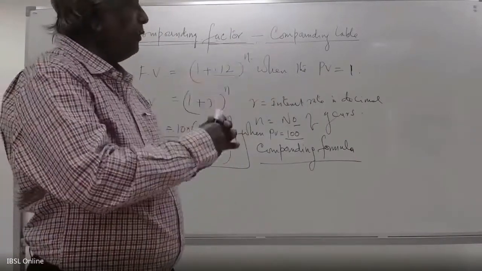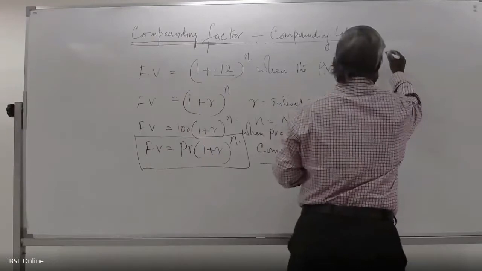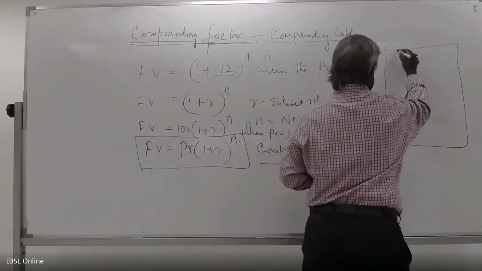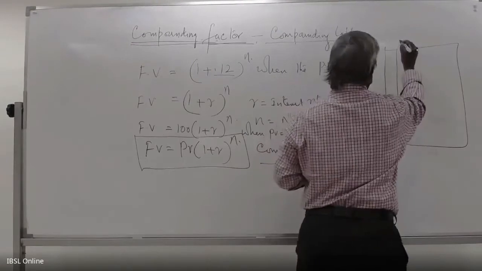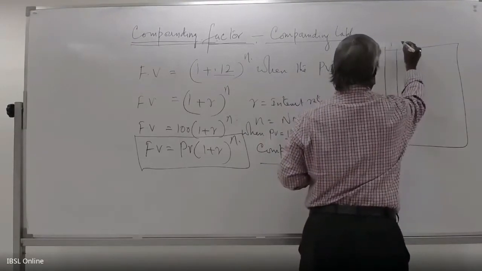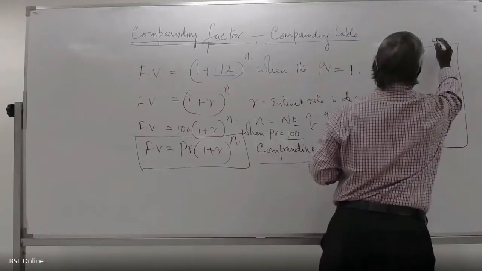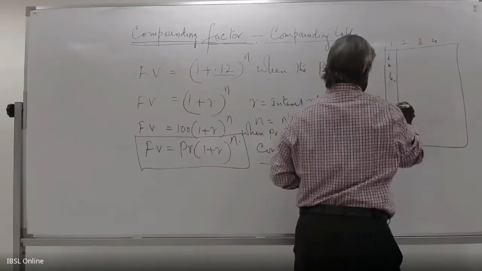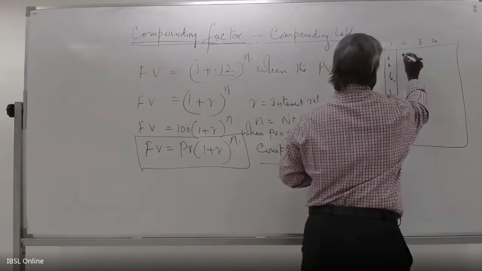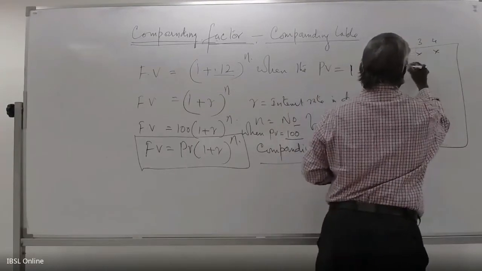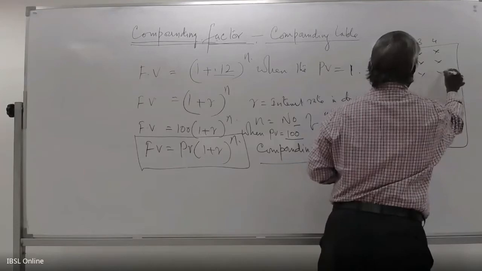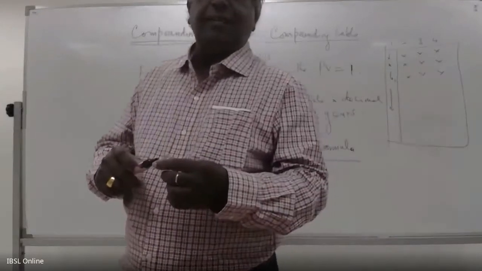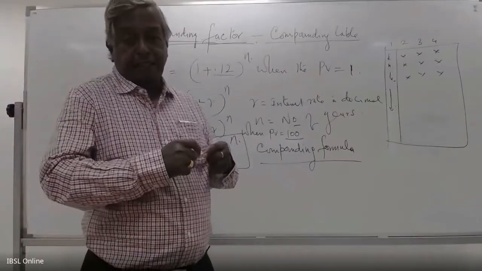In the compounding table, the compounding factors are given for the number of years, 1 year, 2 years, 3 years, 4 years, like that, and for different interest rates. So that is the compounding table.